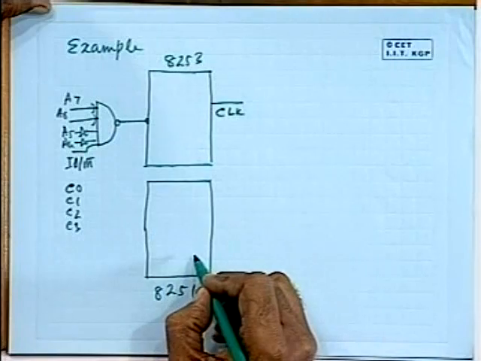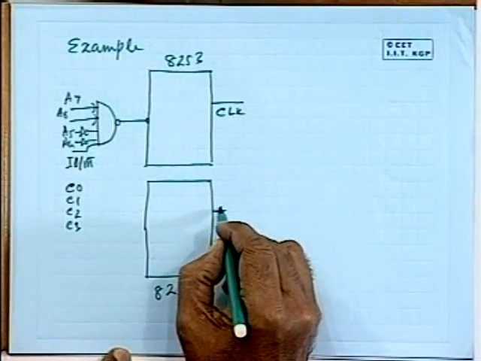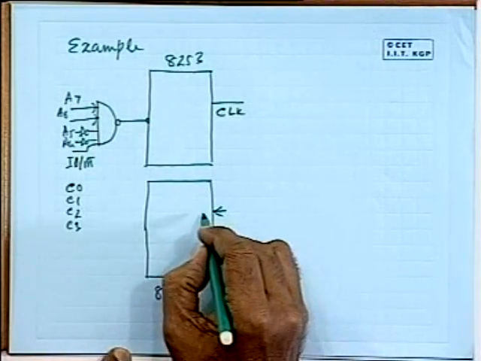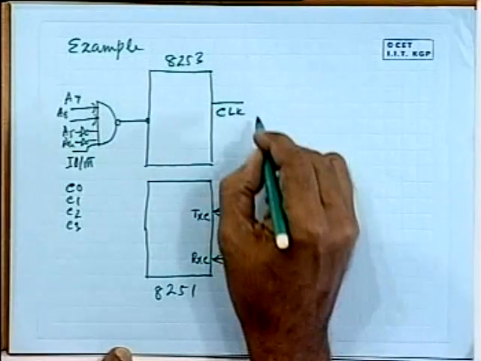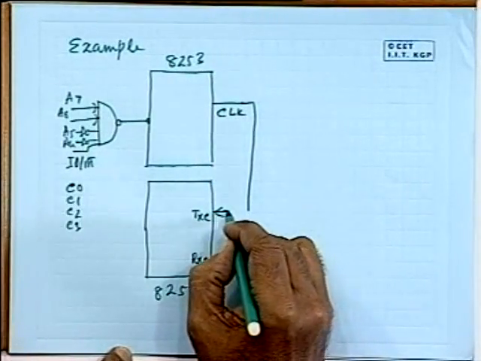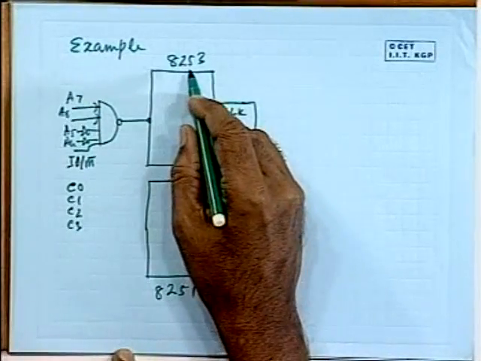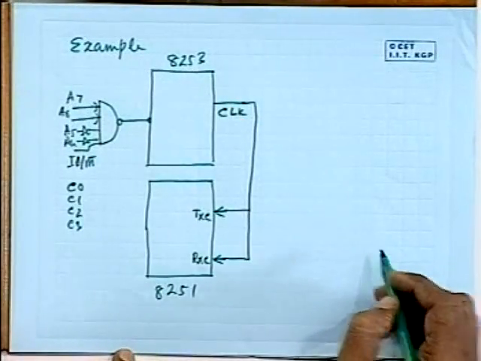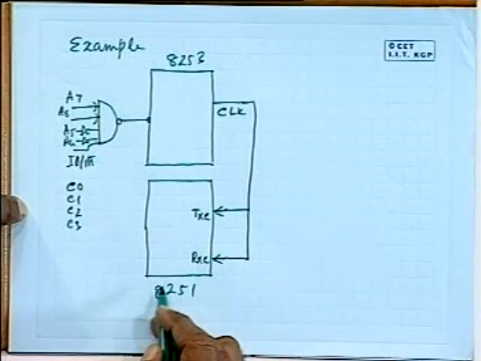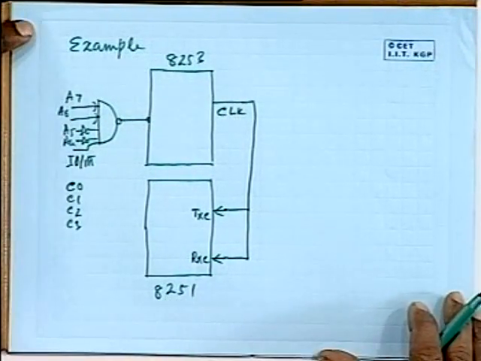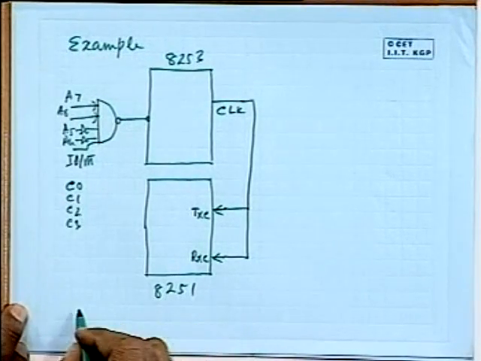And let's assume that we have to generate a clock for this 8251. As you know, 8251 has two inputs, TXC and RXC, where a clock has to be applied, and this is being generated by using the 8253. And as you know, whenever the 8251 is used for implementing RS-232C, it can have several standard baud rates.